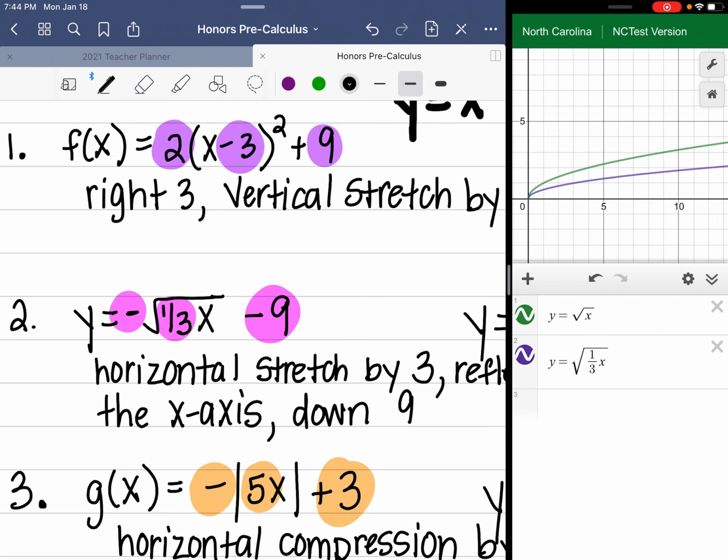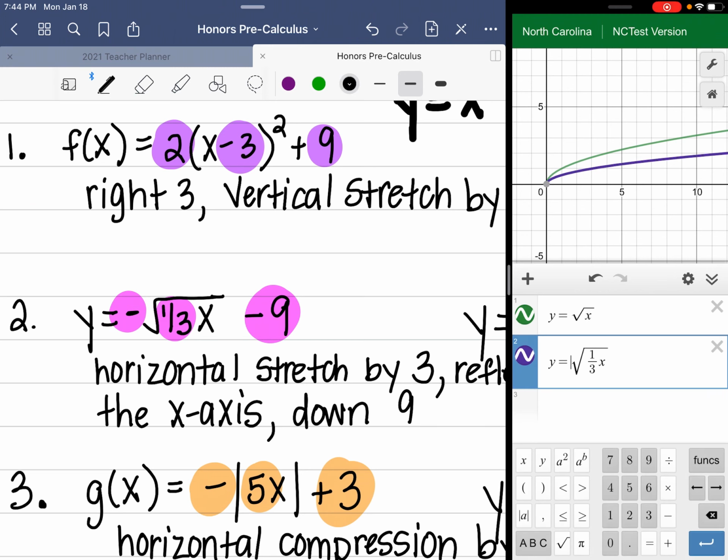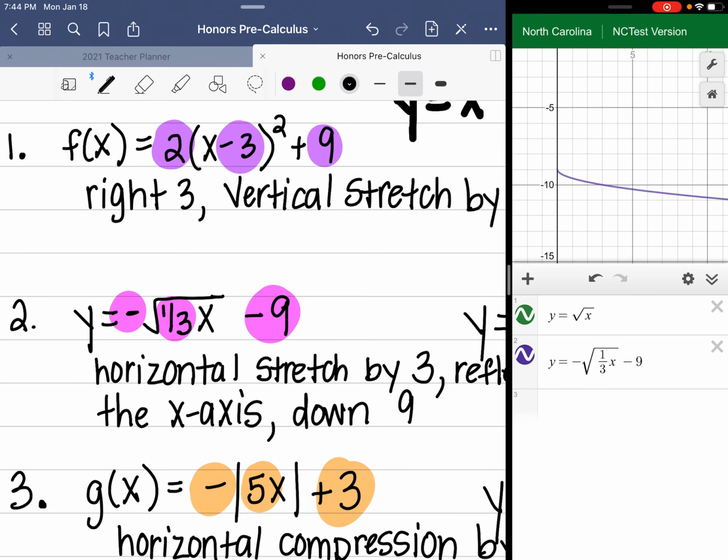And you can see that did make it bigger. And then we did the negative in front, which is a reflection over the x-axis. So it's going to physically flip over that x-axis. And then we are going to go minus 9, which means we're going to go down 9 units.